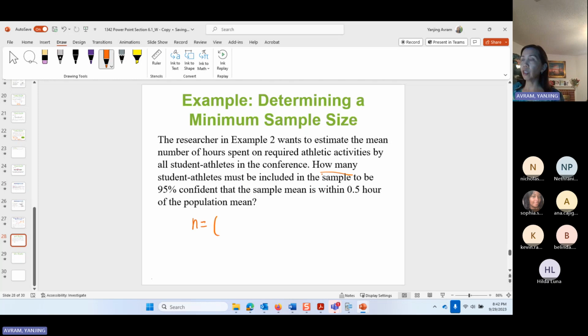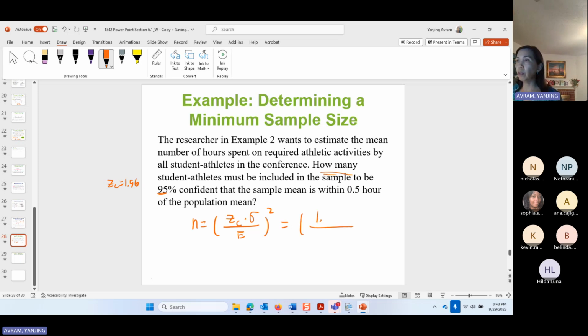So I need to find n, and this will be z sub c times sigma over E, and remember, you have to square them. For 95% confidence, z sub c is 1.96.